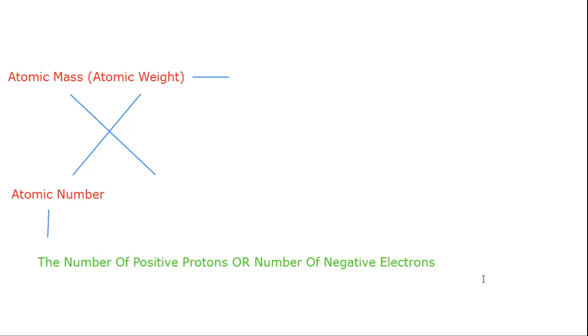So the meaning of atomic number is the number of positive protons or the number of negative electrons. It's the atomic number, and it will be under or below the element.